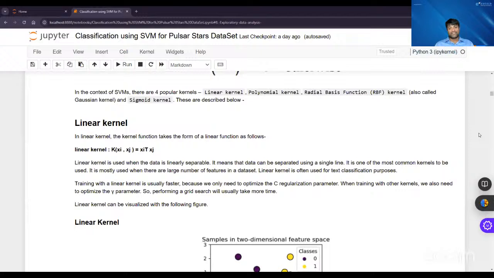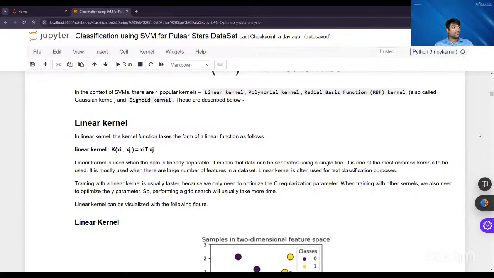So here I also mentioned where the linear kernel is used. It is mostly used for text classification, because SVM application is not just in machine learning. It also extends its usage into NLP and deep learning, in the implementation of AI.